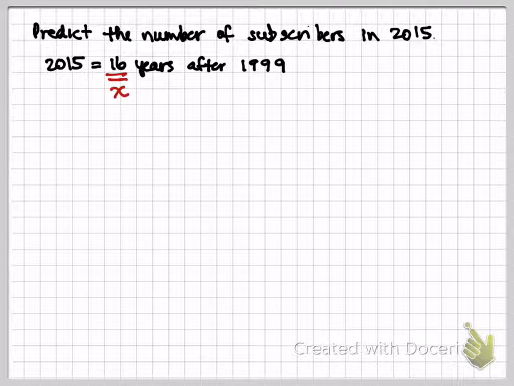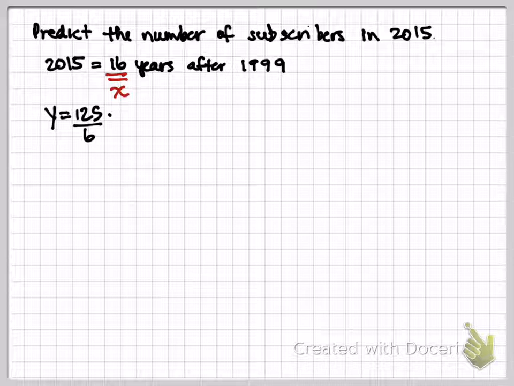Then I take the equation that we came up with: y equals 125 over 6 x plus 85. Now what we're going to do is substitute in 16 for the x.